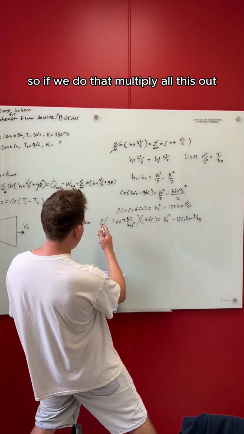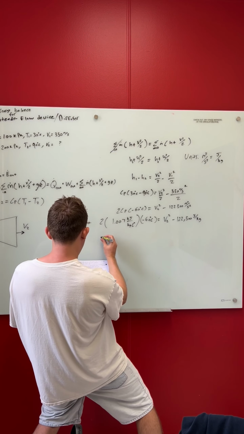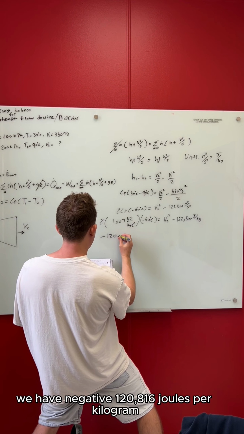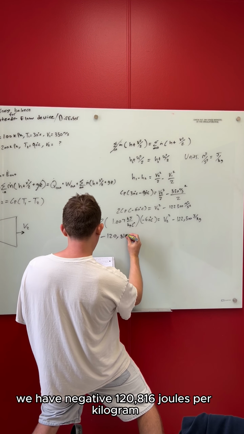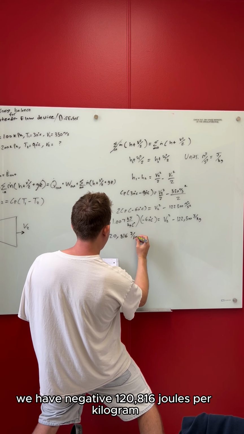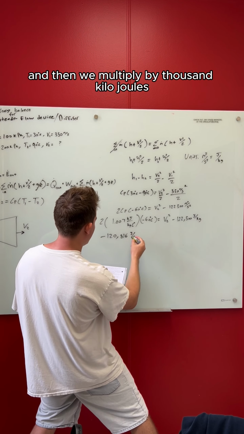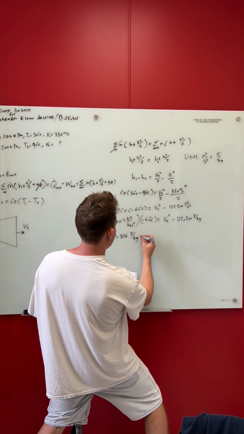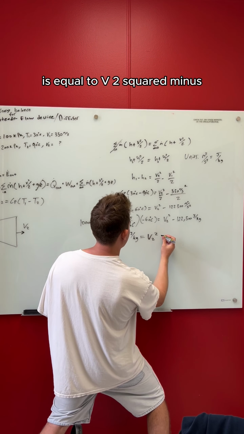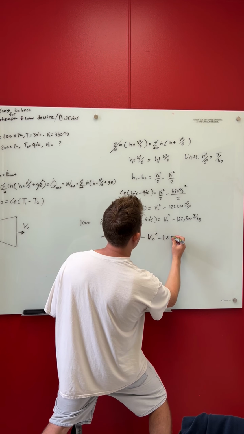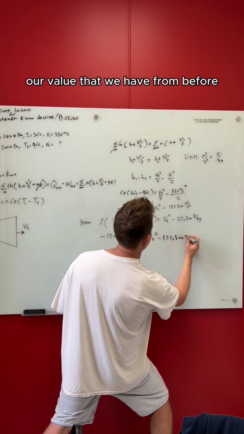If we multiply all of this out, we have negative 120,816 joules per kilogram, because the Celsius cancels and then we multiply by 1,000 to get the joules, is equal to V2 squared minus our value from before.